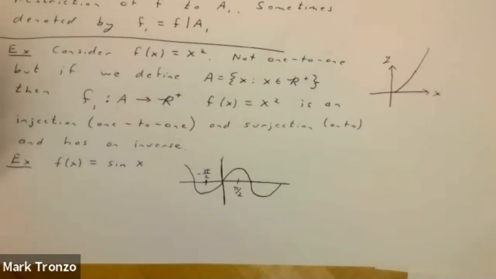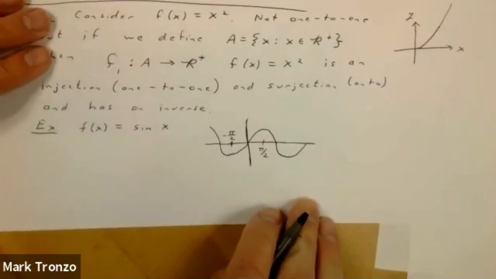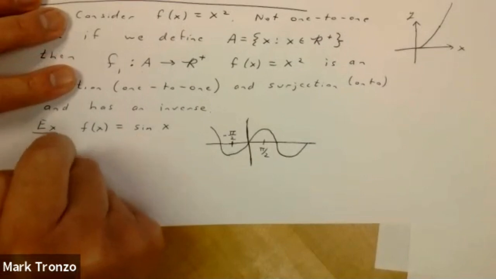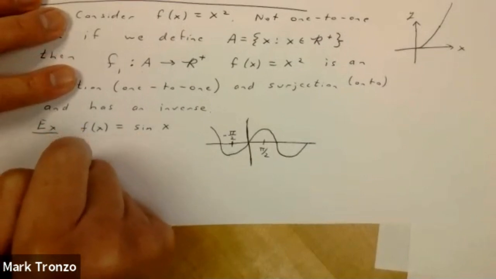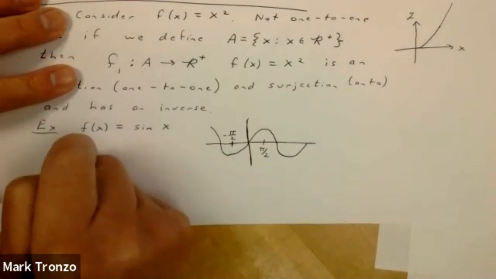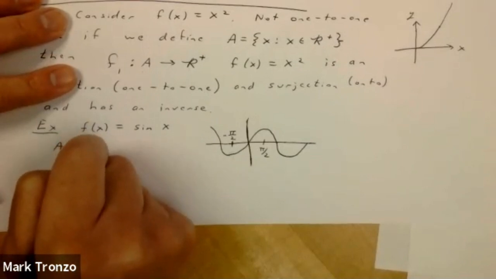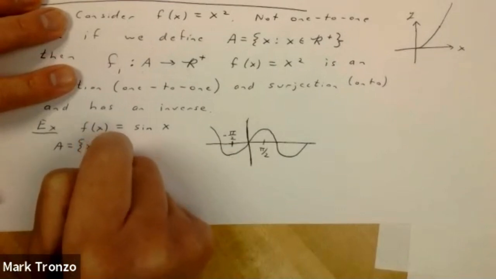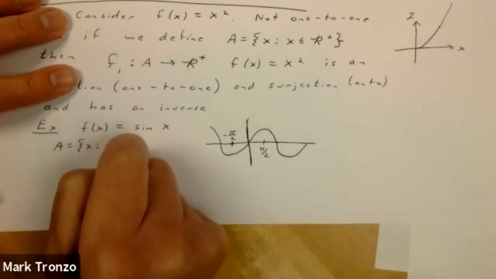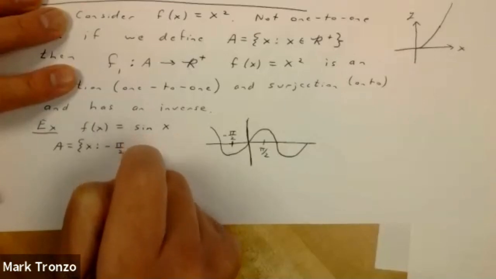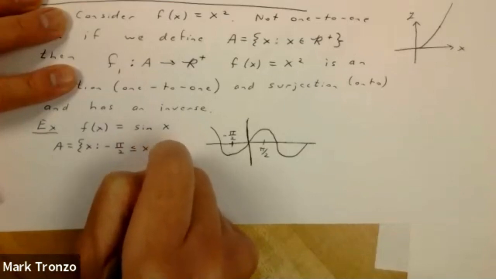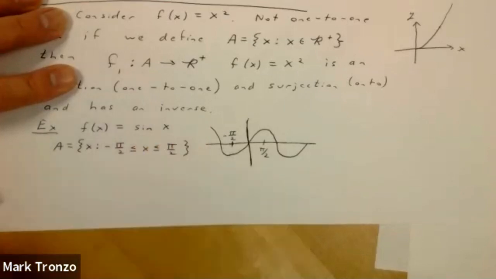So for example, let's call our domain A. It's going to be the x values such that x is from minus pi over 2 to pi over 2, like that.